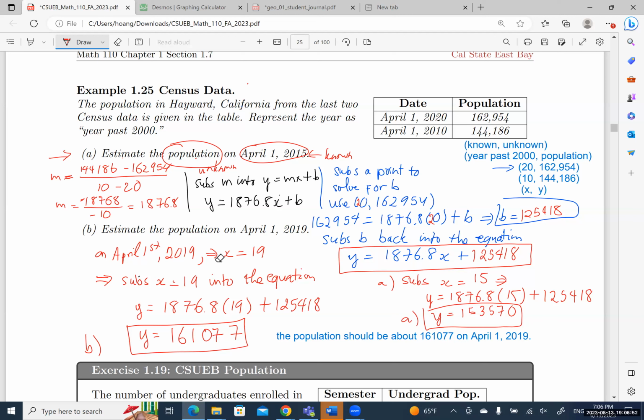All right, so I will say we need more space for this, especially for A, to set up.